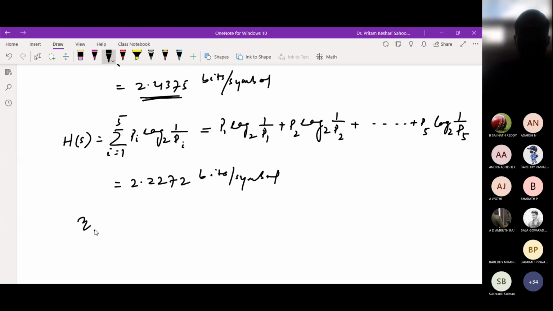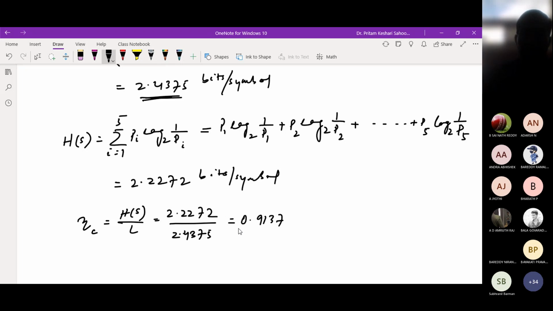So what is the coding efficiency then? That is the average information divided by the average length: 2.2272 divided by 2.4375. This result is 0.9137.